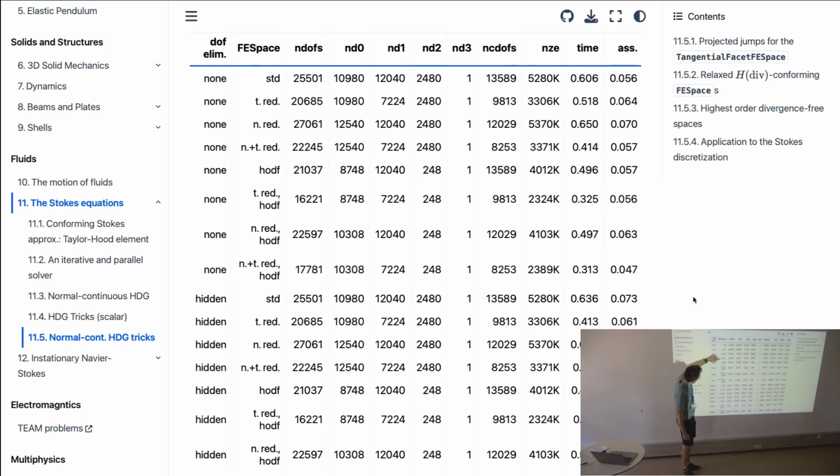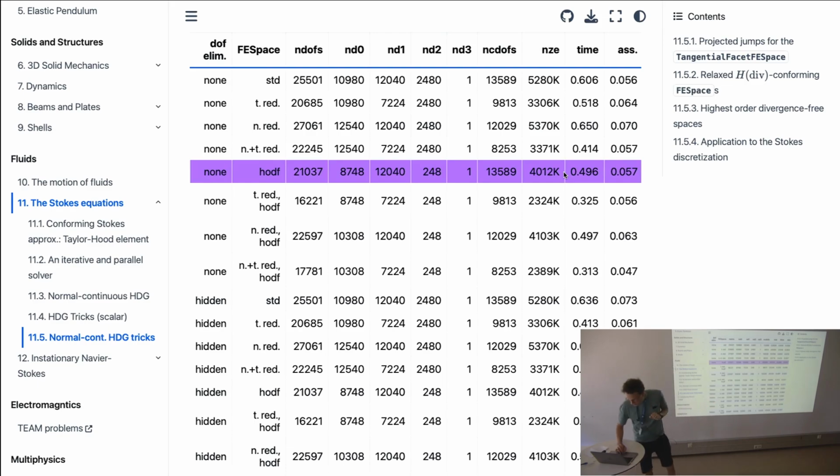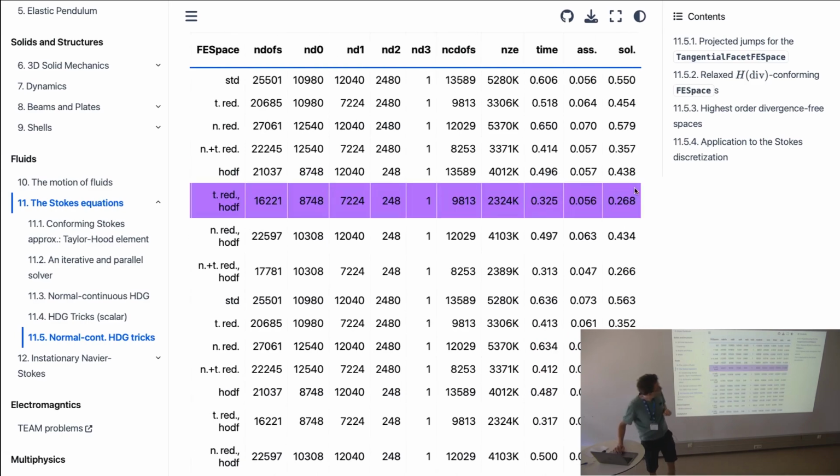And then we also combine this with the highest order divergence-free setting. This gives us 8 different methods, and on the left you have the different types of elimination of degrees of freedom in a Schur complement. Then you can compare degrees of freedom in different spaces, coupling degrees of freedom, number of non-zero entries, time for assembly and time for solving.